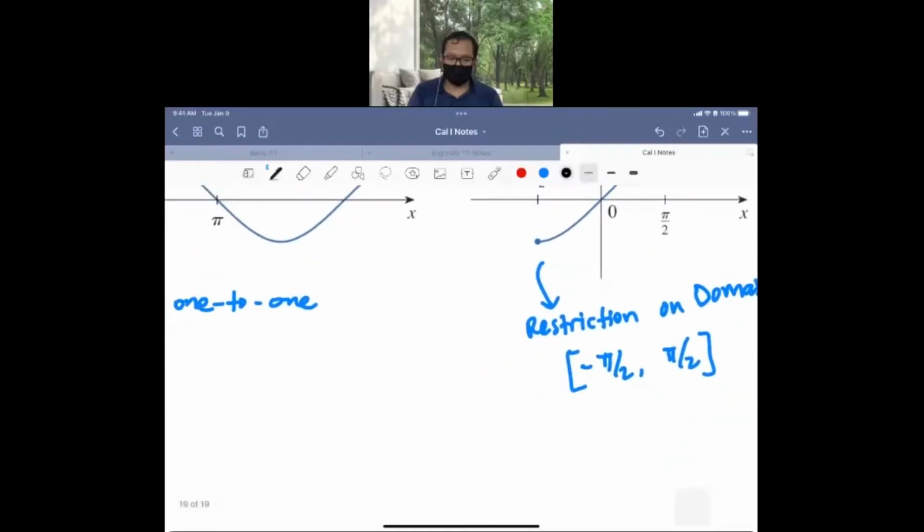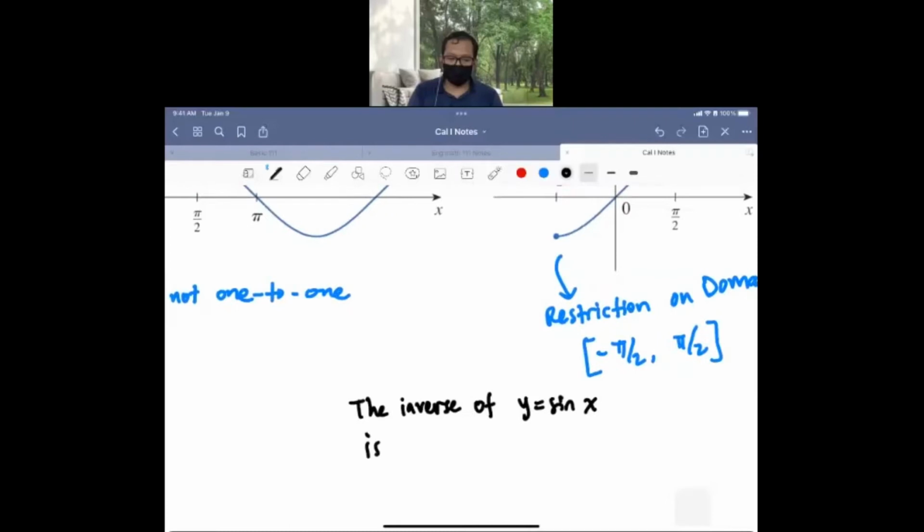So we call the inverse of y equals sine x sine inverse x or arc sine x. Well, sometimes you write arc sine with an e, and it's still the same, I think.